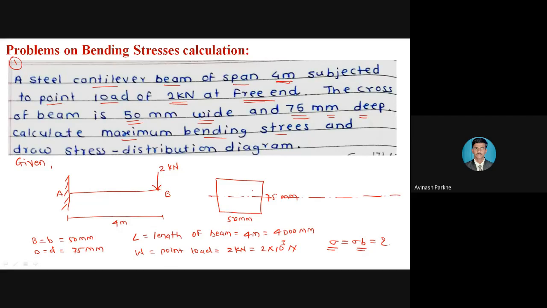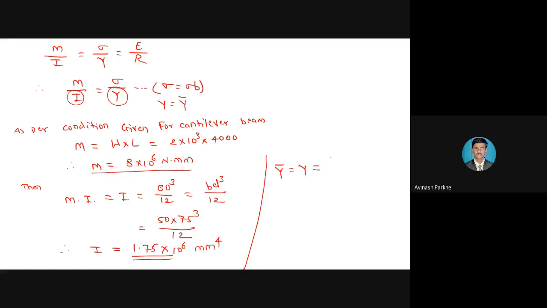So the vertical distance is given as capital D or small d, so I can write capital D or small d divided by 2. So Y is equal to 75 divided by 2. Therefore capital Y is equal to 37.5 mm. Okay, so this is what we have calculated. Now we have calculated the bending moment as a capital M.